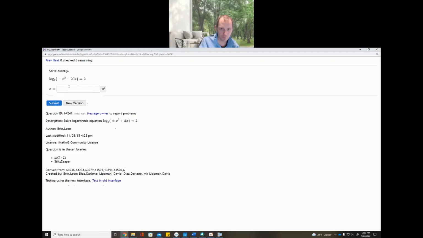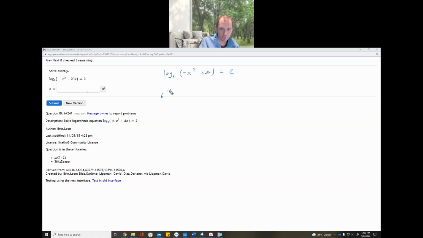And 21, we're doing something similar, except that I don't have a log on one of the sides. So that makes it a little bit more challenging, but I'm going to use the same process. I want to wipe out the log using the exponential. So I'm going to start with log base 6 of negative x squared minus 20x equals 2. I'm going to use the exponential base 6 on both sides.